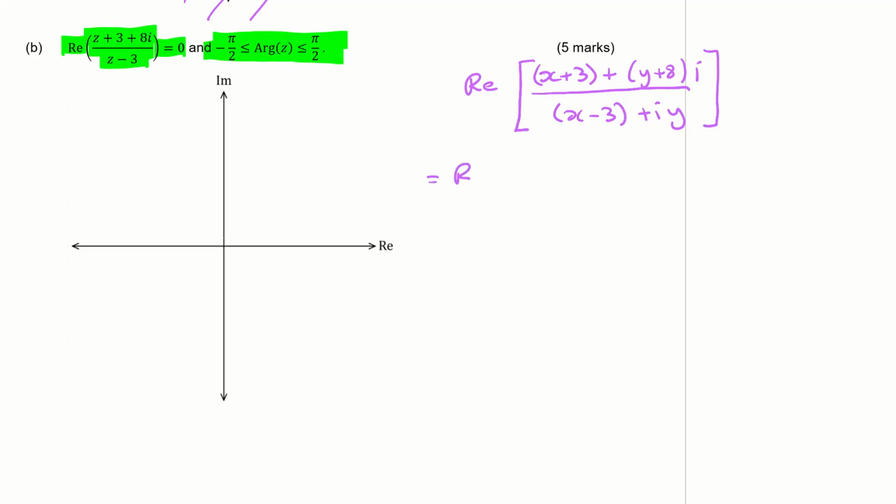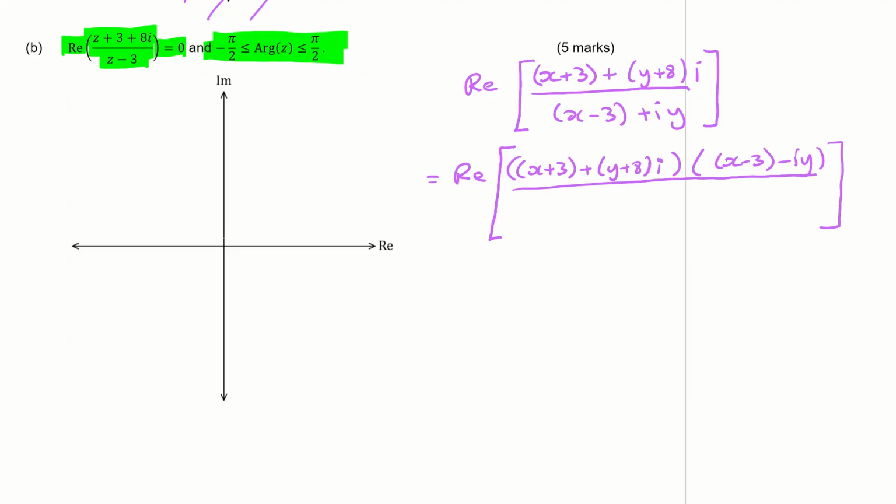Well, that's equal to the real part of x plus 3 plus y plus 8i multiplied by x minus 3 take iy, over x minus 3 plus iy, x minus 3 take iy.